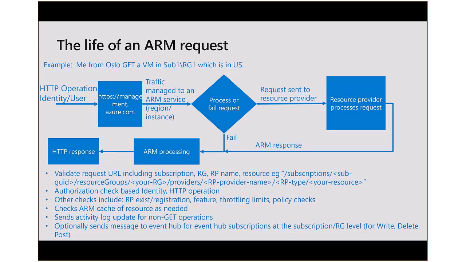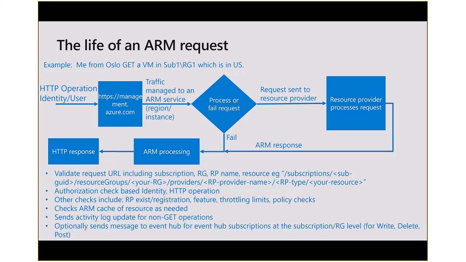If that succeeds, then it talks to the particular resource provider. In this case, it's the Azure.compute provider, which gives me an HTTP response on all the resources that I wanted to list. So in this case, it's going to tell me that there's a VM and it has these properties and stuff like that. It's also going to log that operation, and this is how ARM works in a nutshell.